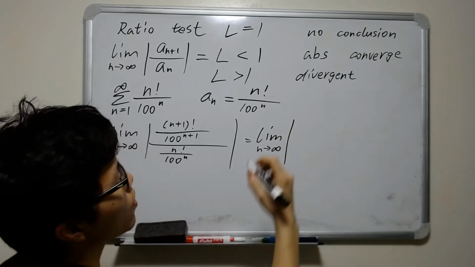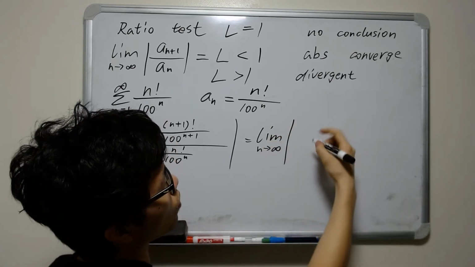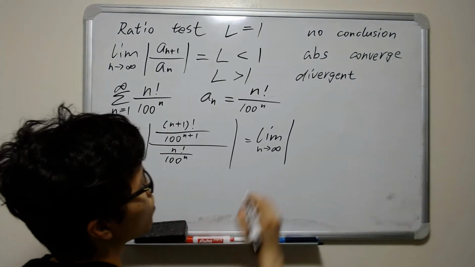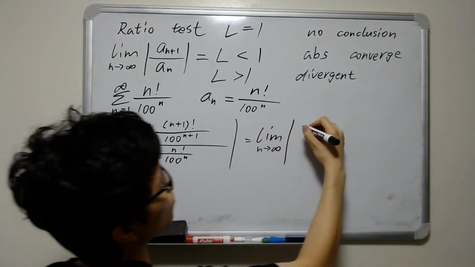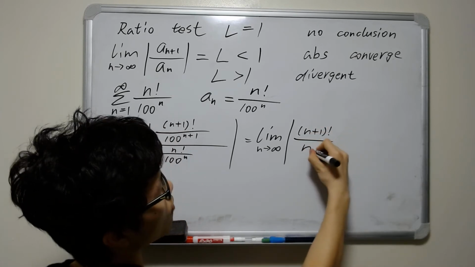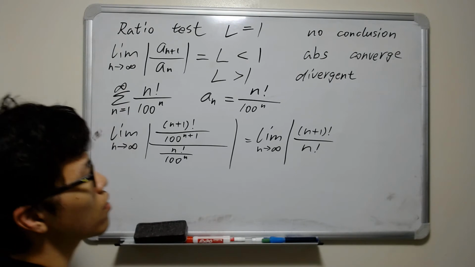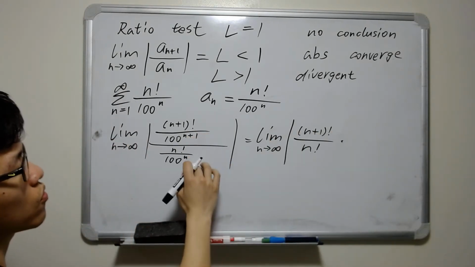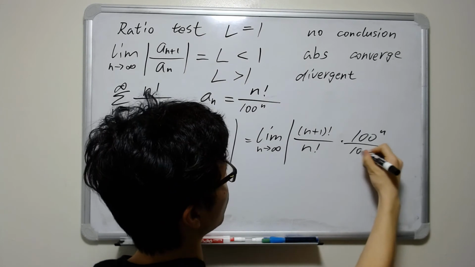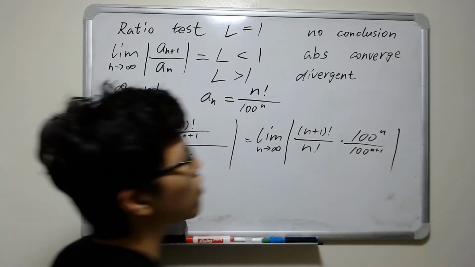So it's (n plus 1) factorial over n factorial, and then times 100 to the n over 100 to the n plus 1.